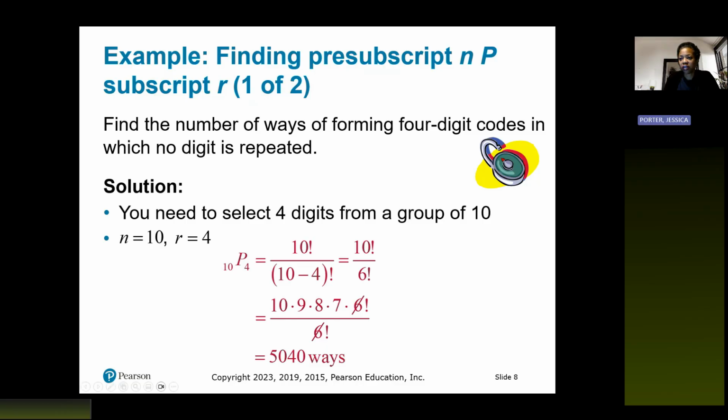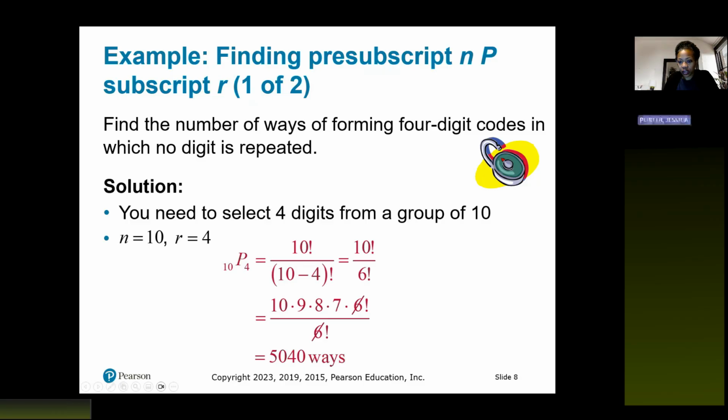Here's the notation that we use: ten objects taken 4 at a time. They can't be repeated. Order matters. With permutations, order does matter. When they say no digit is repeated, that clues you in that this is a permutation. Notice they have that P up there.